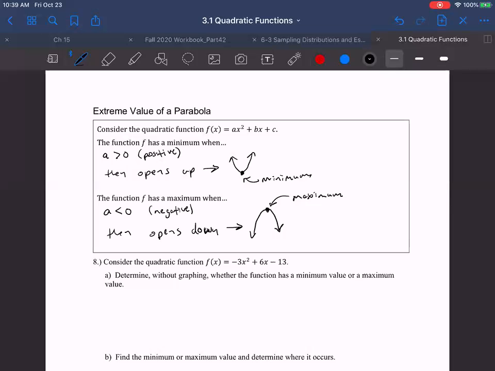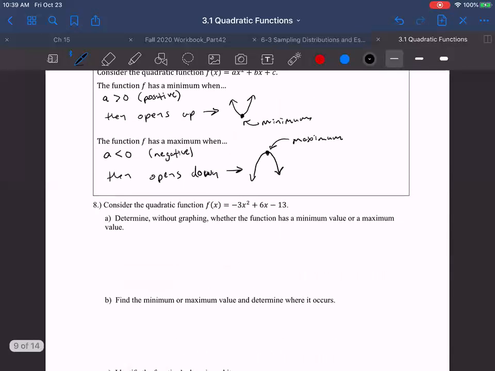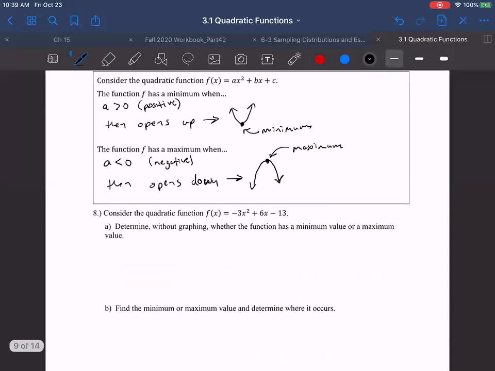So for example, let's take a look at number 8. It says, consider the quadratic function f of x equals negative 3x squared plus 6x minus 13. Determine without graphing whether the function has a minimum value or a maximum value. So I look at this one and I see that a equals negative 3. That's that negative 3 right there.